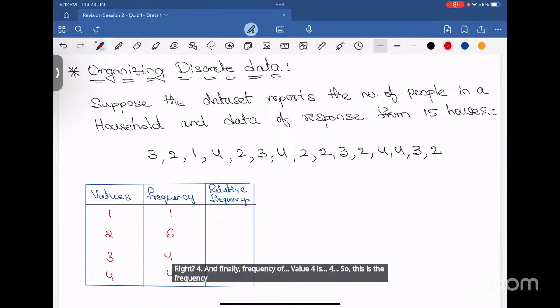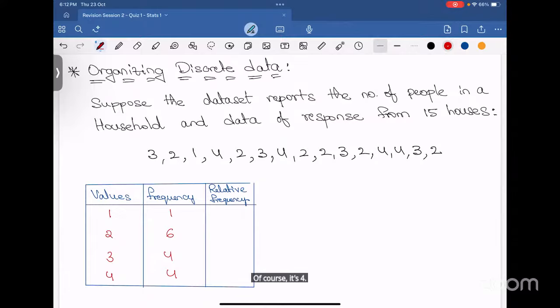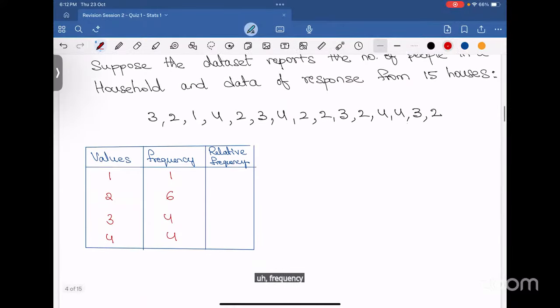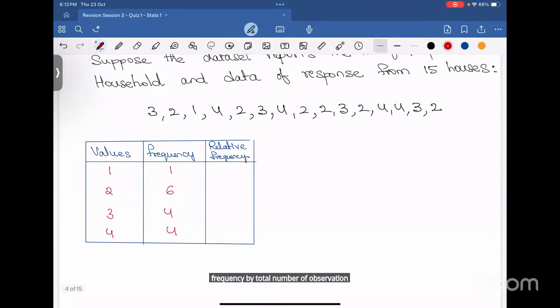How do I compute the relative frequency? Frequency divided by the total number of observations. The total frequency will be the total number of observations, which is 15. So for relative frequency, value 1 has 1 by 15, the second value 2 has relative frequency 6 by 15, and similarly 4 by 15 and 4 by 15.